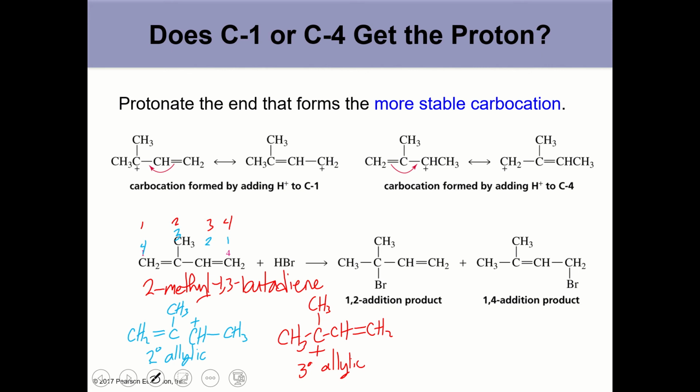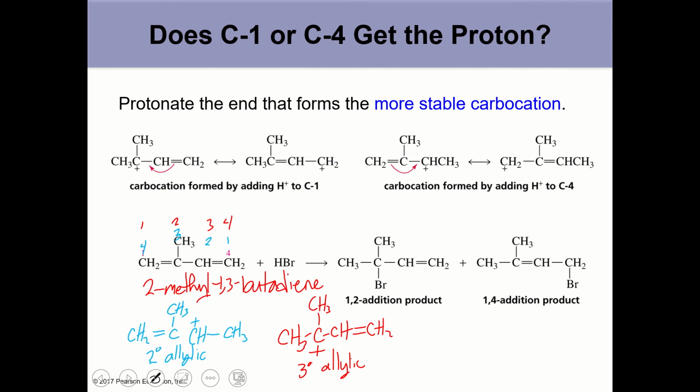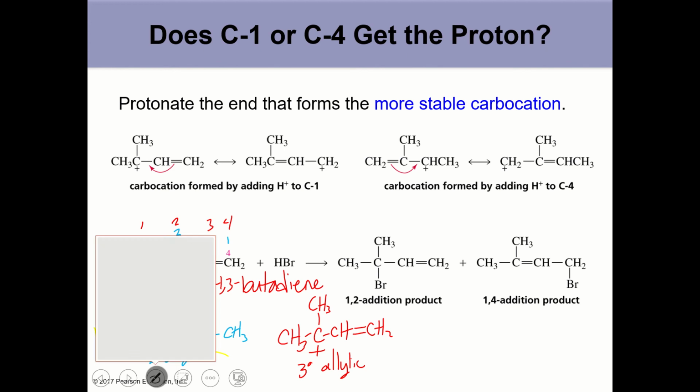But I'm choosing to say that my carbon 1 for the 1,2 and 1,4 addition is the one that gives me the tertiary allylic cation. And so this one, the secondary allylic cation, is less stable, and so not likely. So the two products are going to be made from the tertiary allylic cation.